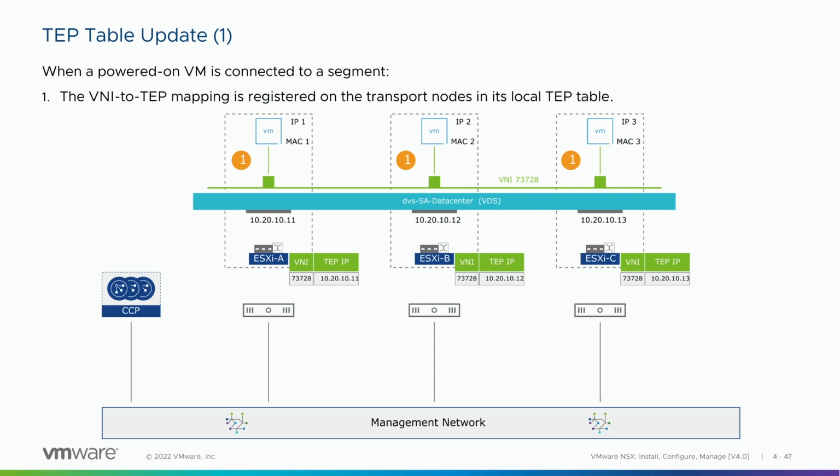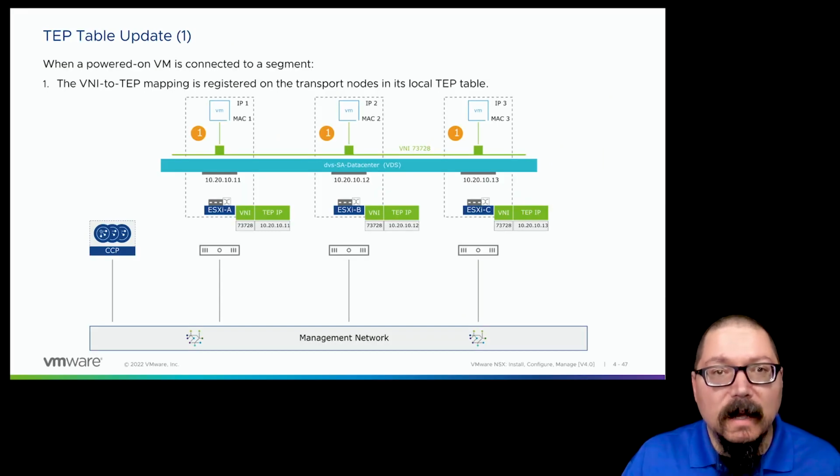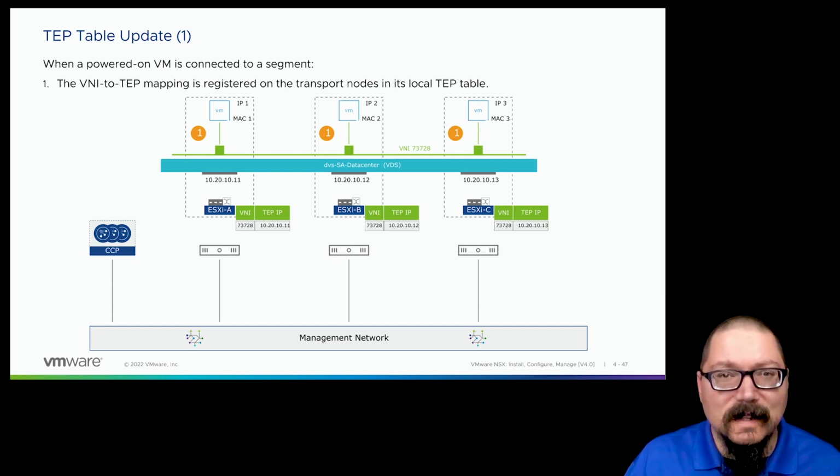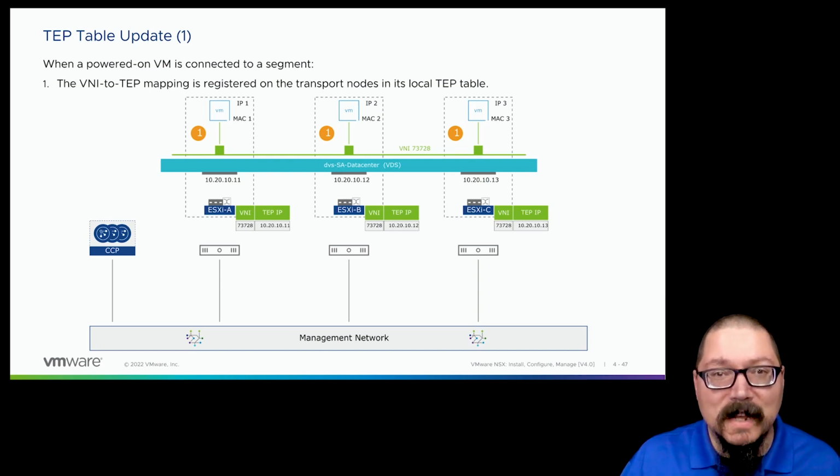So I have a tunnel endpoint on each of these hypervisors servicing a workload attached to VNI 73728. Well, this is great, but don't you think it might be helpful if these workloads knew that all three of these tunnel endpoints were servicing workloads on this VNI, on this segment?